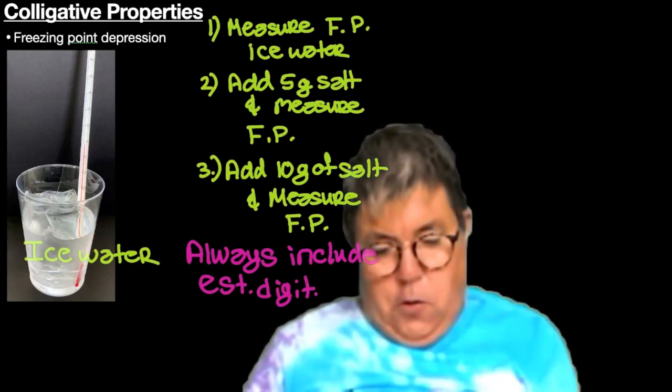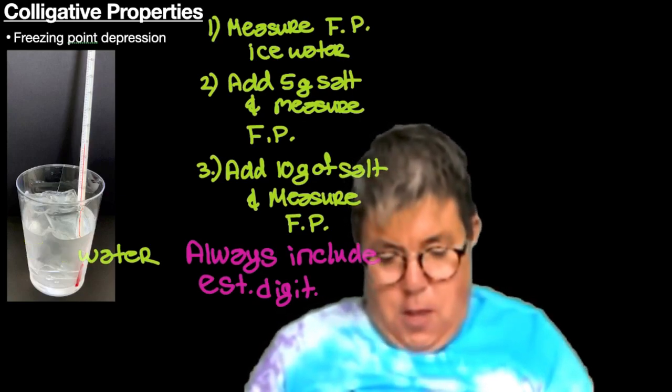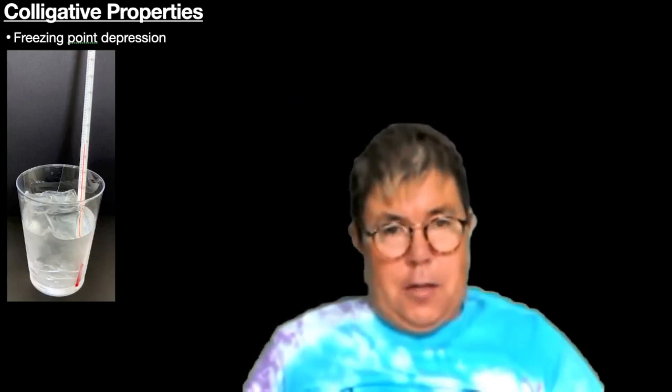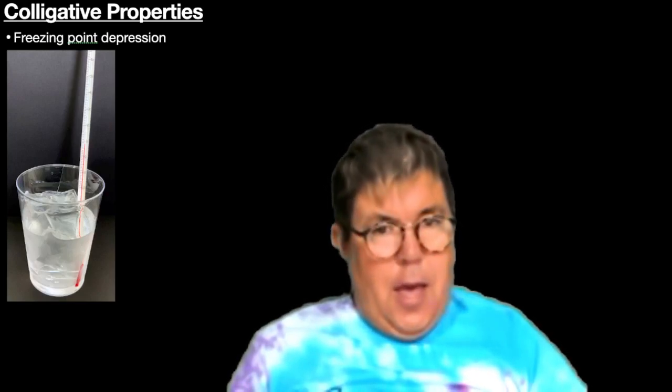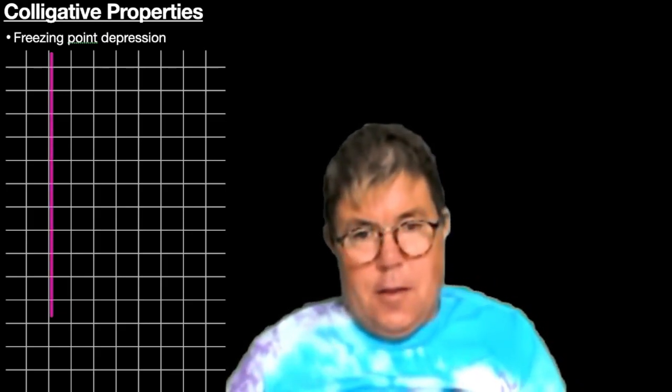Let us continue. So in order to analyze our data, we are going to be making a plot. I have a sheet of graph paper. Let me draw an X and a Y axis. So here is my Y axis.